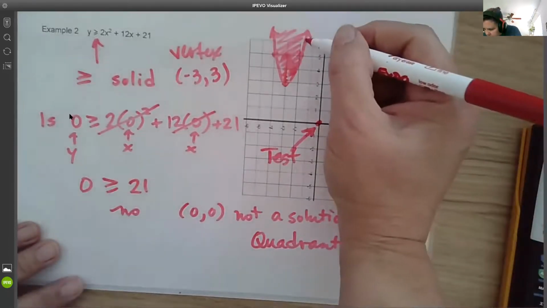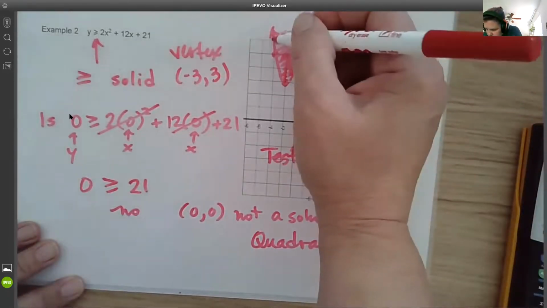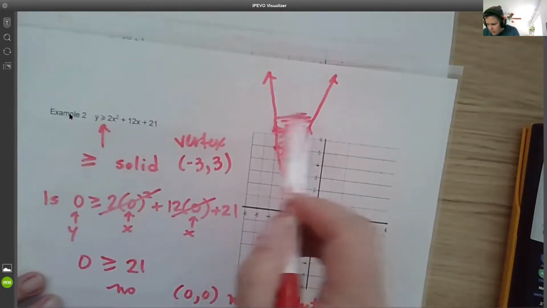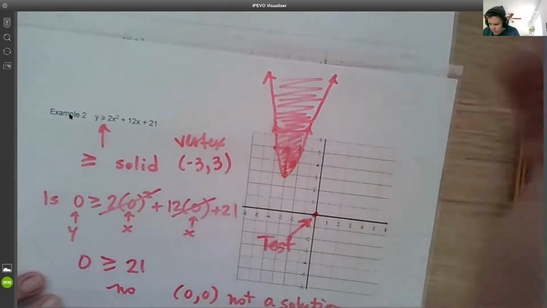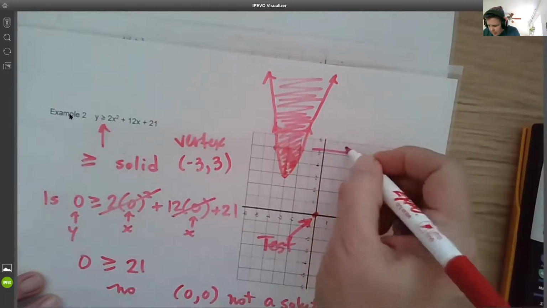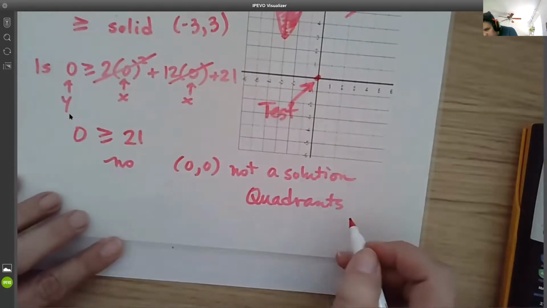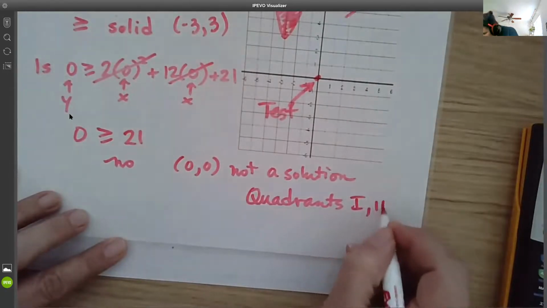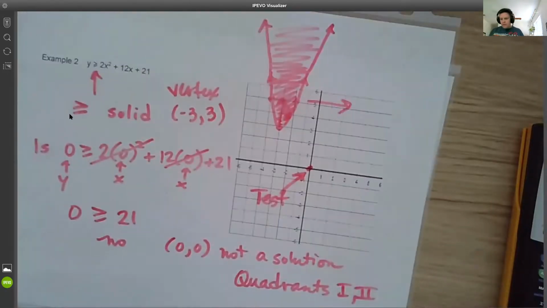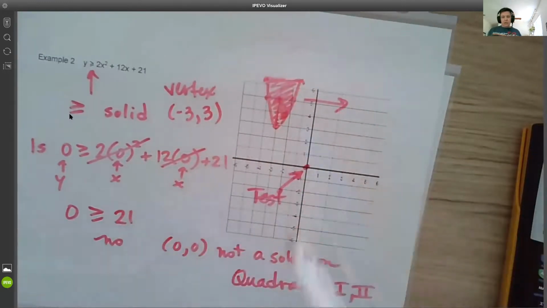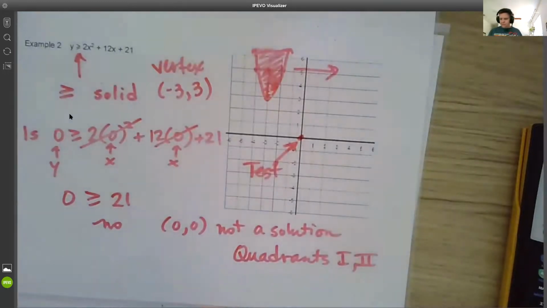I'm saying that because you assume that you have an infinitely large graph. So if this were bigger and bigger, it would eventually come over into the first quadrant. So my solutions are in quadrants 1 and 2 in this case, even though when you first drew it, it appears that they're only in 2.